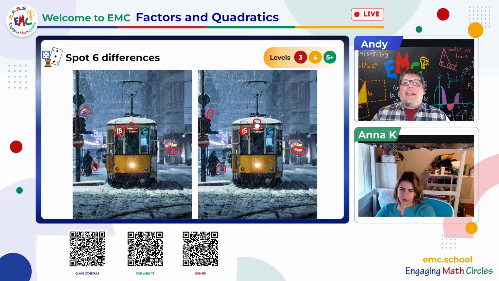So one more change. My clue is window. Yes, this window became very dark and full of shadows.